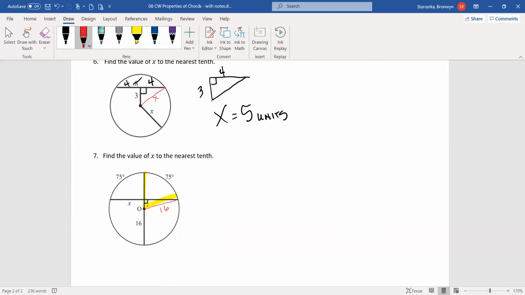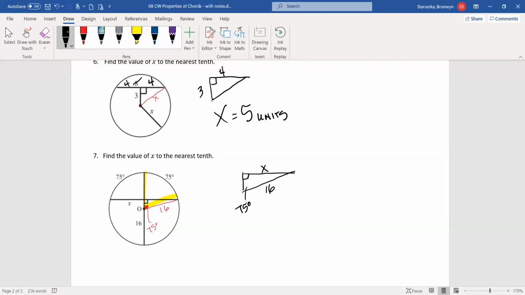Right here, this little angle right here is 75 degrees. So I'm going to redraw that off to the side. I have 75 degrees. I have 16, and we want X, and X would be this length.